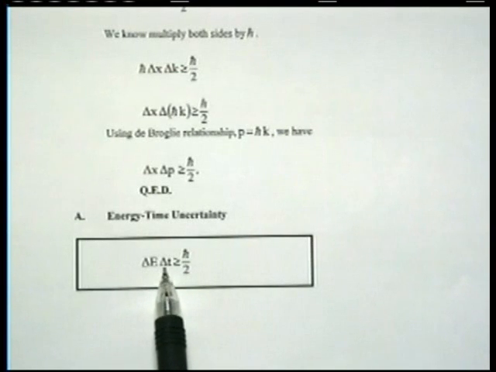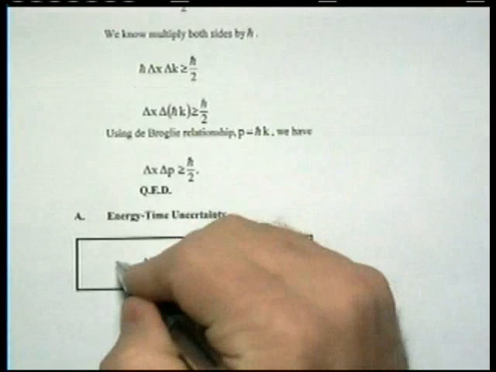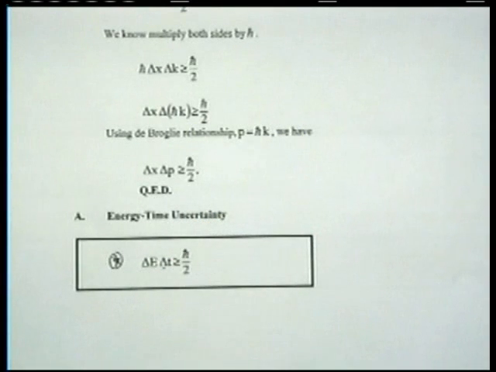They have to have a width to them. And we can in fact measure that. And by measuring these energy widths, we can learn about the transition times in nuclear physics. And by learning about transition times, we can turn it around the other way. And we can learn about uncertainties in the energy levels that we can't see. So people use this in solid-state physics and nuclear physics a lot. So get used to thinking about it.